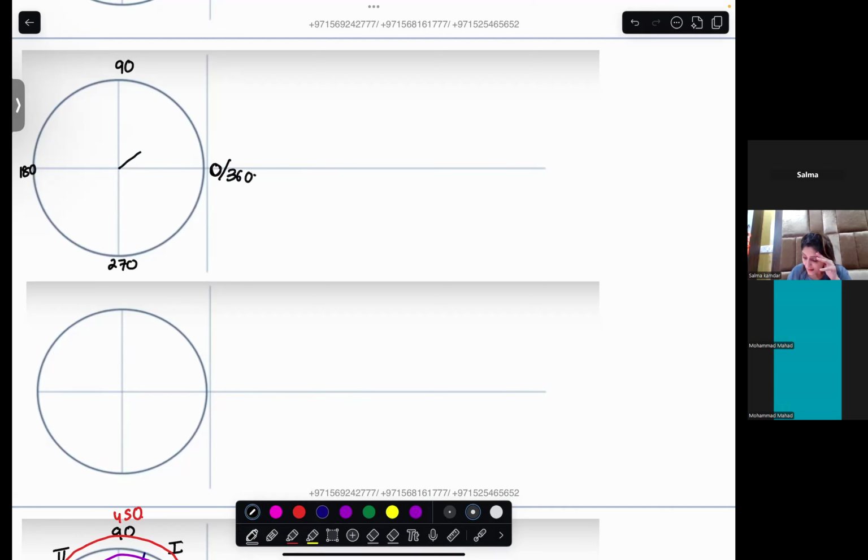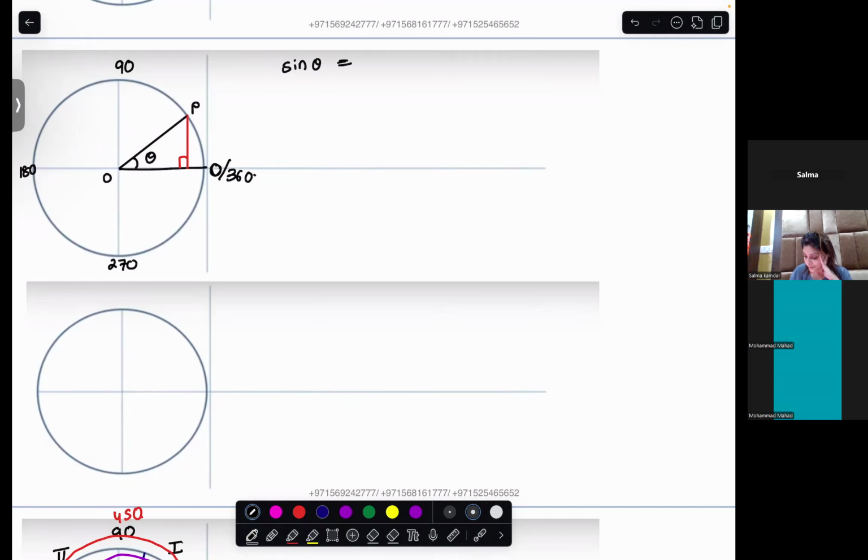Say for the example, I take an angle over here and this angle is theta. This is O and this is P. From here, I draw a 90-degree line. Give me sine theta. Can you give me sine theta?